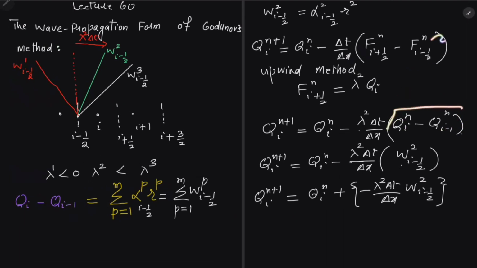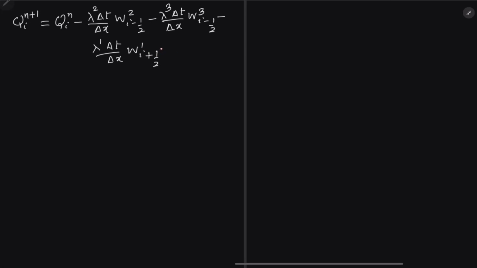We need to look at which value is entering from which flux, which face. Two characteristics will be entering from i minus 1/2, and one wave will be entering from i plus 1/2. That's why we have i plus 1/2 on the one side. Maybe I repeat this again so that you can understand better. Q^(n+1) equals Q^n minus delta t by delta x.